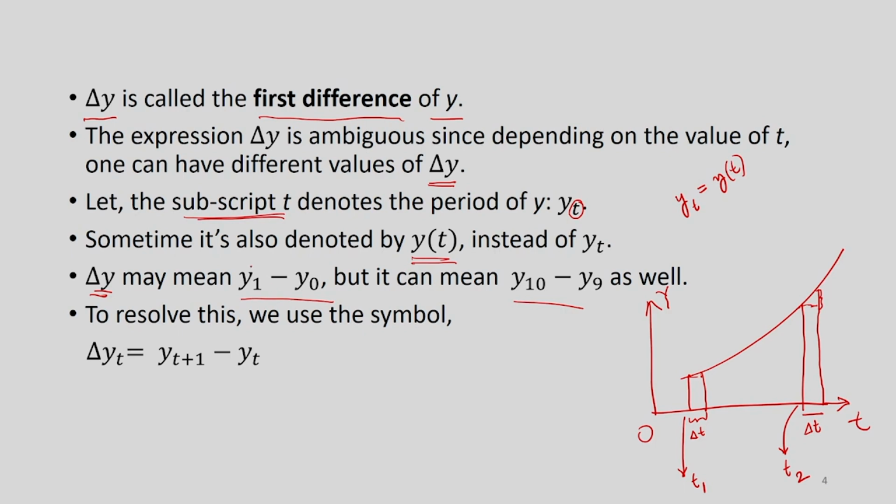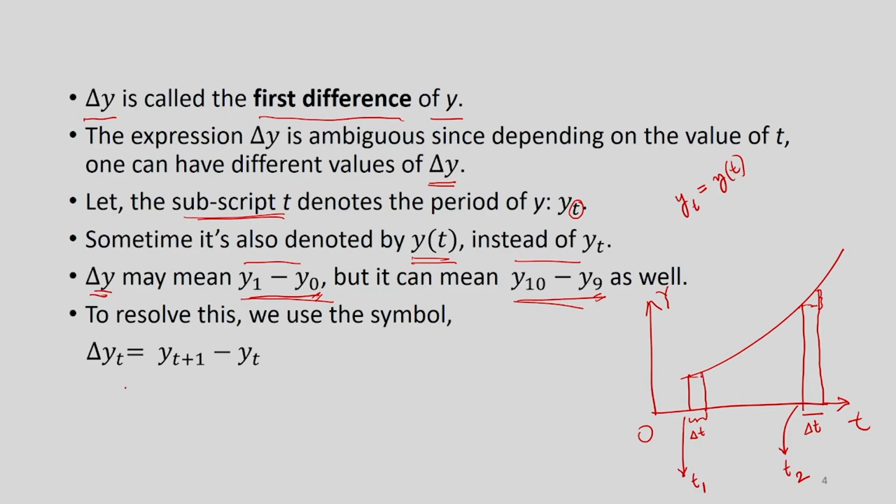But as you can see, how much the y variable is changing might be quite different depending on what original t, or the reference t, we are considering. Here the reference t was 0, here the reference t is 9. So, as you can see in the picture that I have drawn, depending on whether t is 9 or t is 0, these values might be quite different.